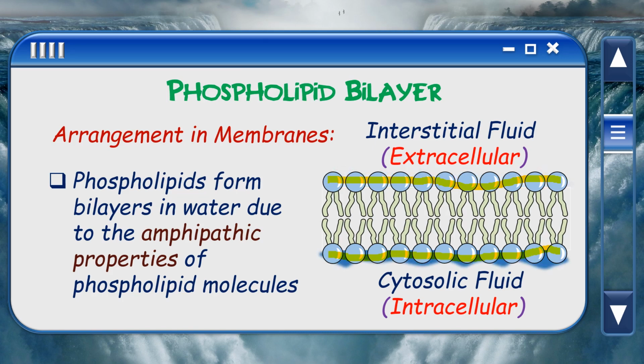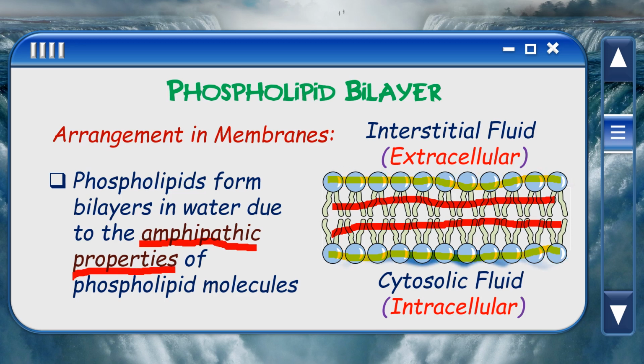In the middle we have our tails. The tails face away from the water because they are water repellent. That is the amphipathic property of the phospholipid molecules.